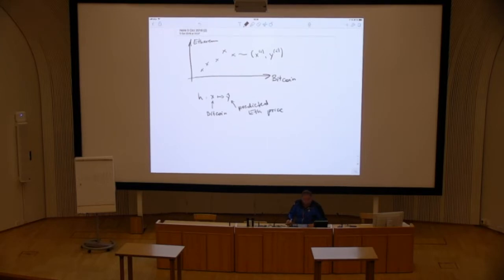How do we move on in a machine learning problem? What hypothesis functions would you consider for this? Any possible mapping from Bitcoin price to Ethereum price? Yes? Linear or polynomial.